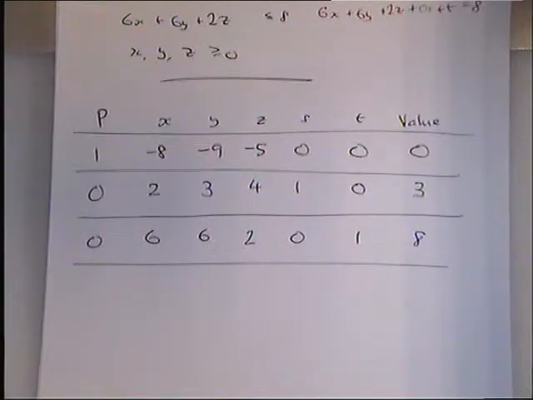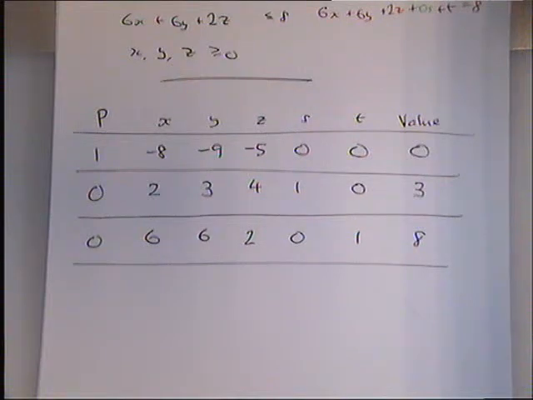Okay, so now we need to go and find what we do. How do we start off? What do we do to start with? We've got to identify something first of all. Can we remember what's the first thing we do? Not yet. First of all, we've got to try and identify our pivotal column.